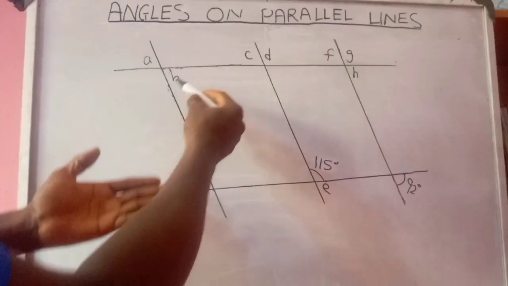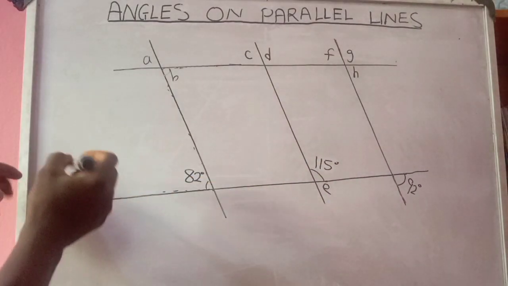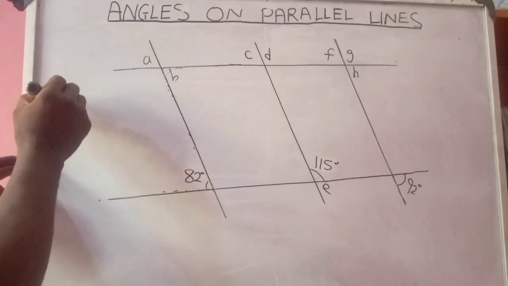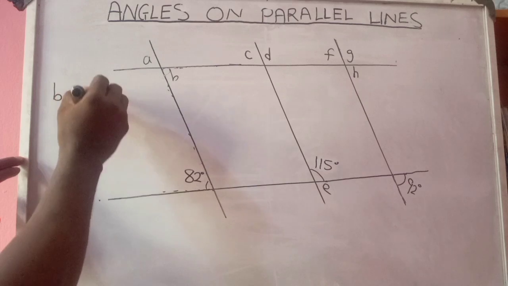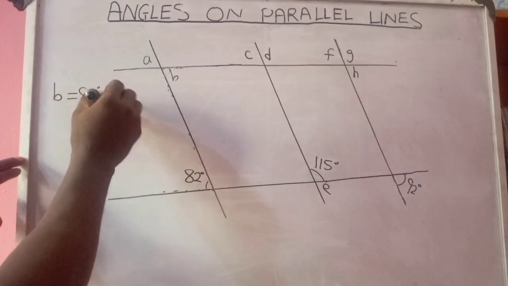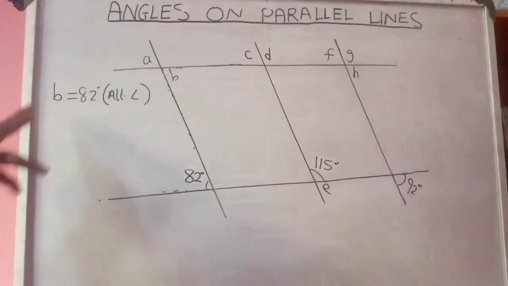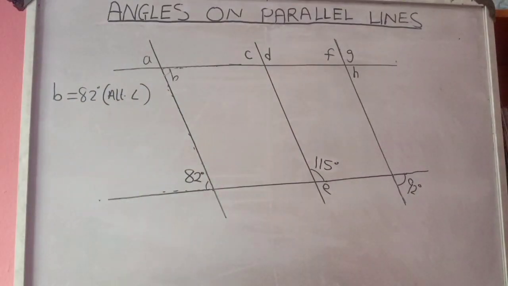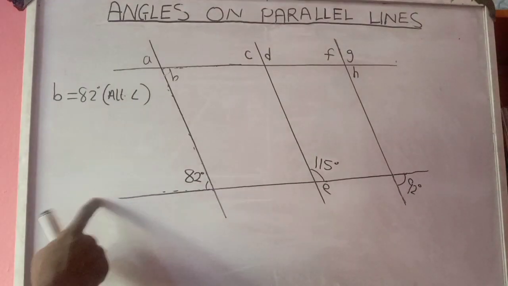What do we say the two angles are? This angle is alternate to this one, right? So I can say that B is equal to what? 82 degrees. Why? Because it's an alternate angle.